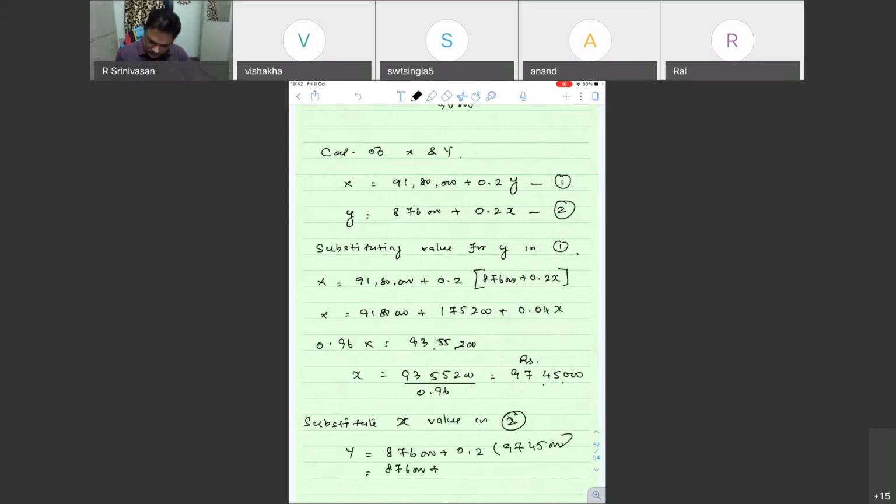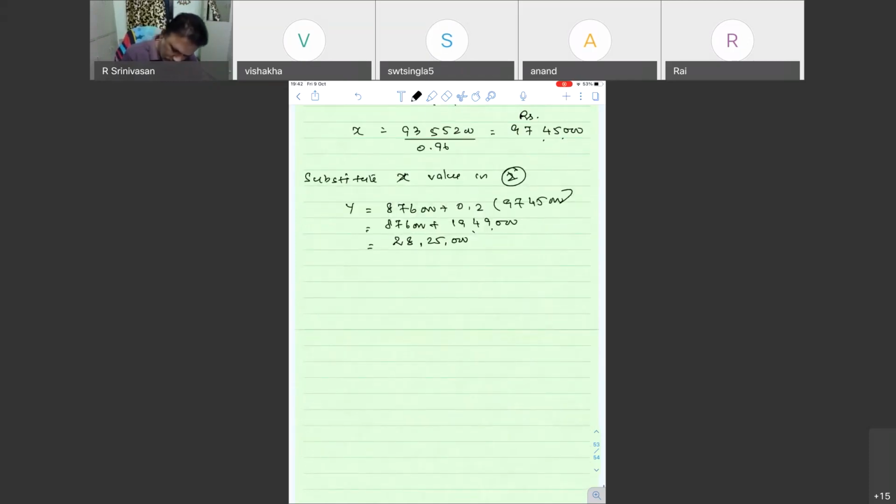It's coming 19 lakh 49,000. Y value is 23... So therefore, we will take today's 97 lakh 45,000.